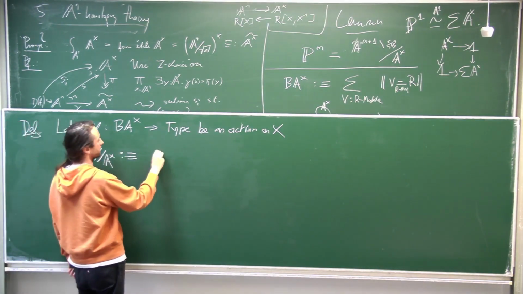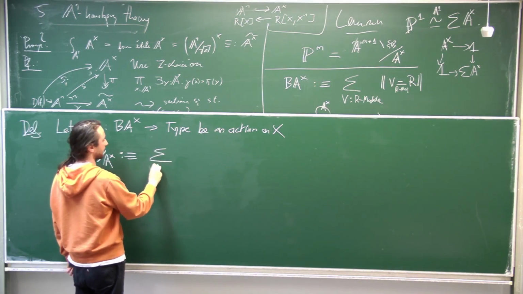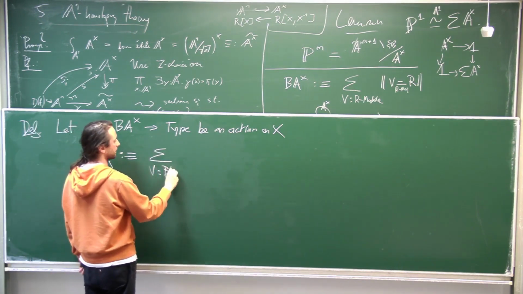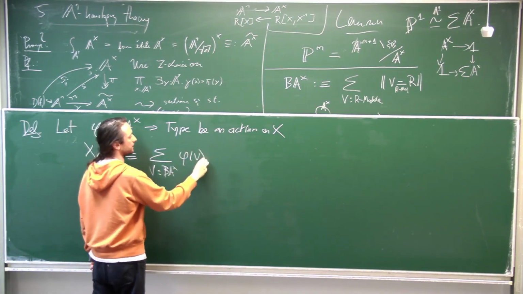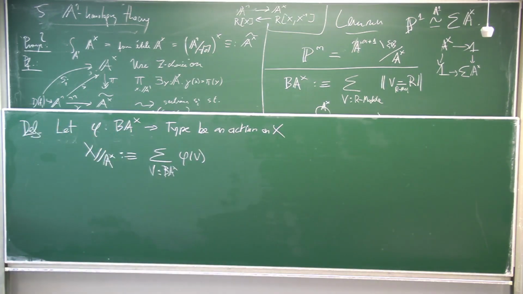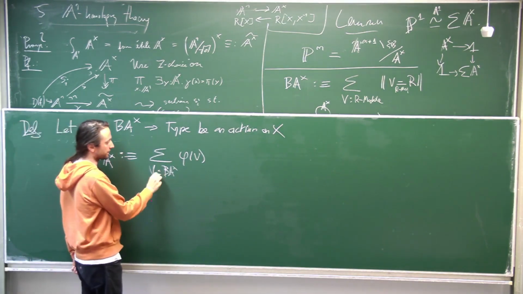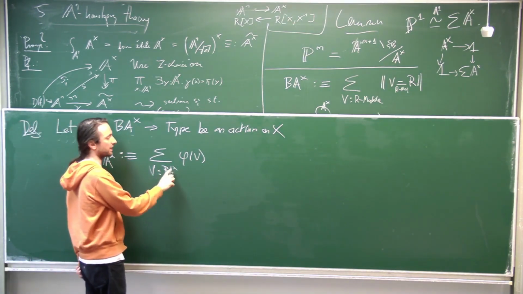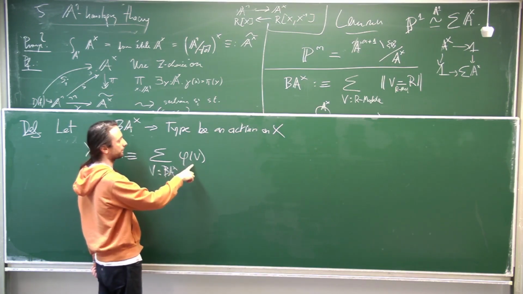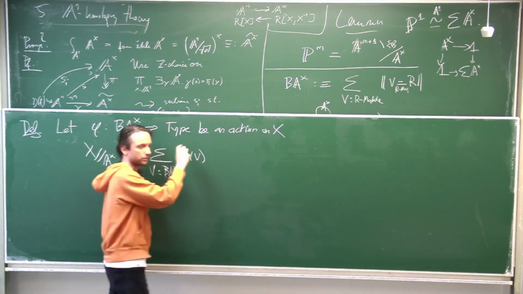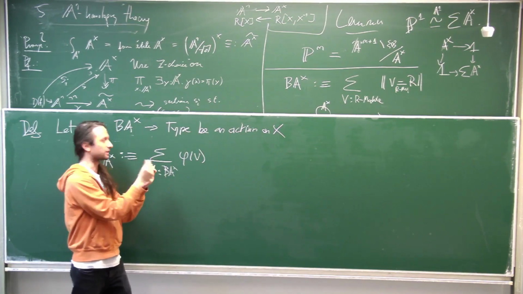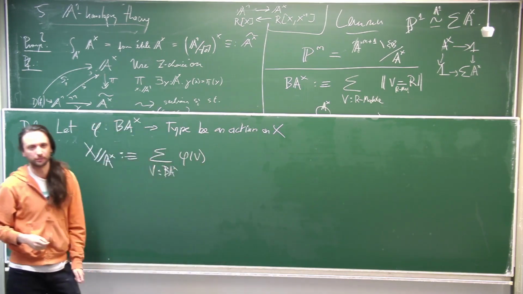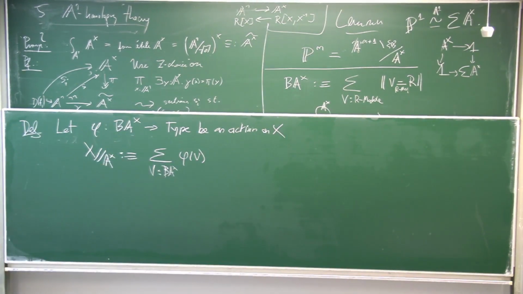You can define it as the sigma type over any V in BA^× of φ(V). What does this correspond to in taking the quotient? Using the base point of BA^×, for anything in φ of the base point, that is in X, you will have a point. But then for any path in BA^× you also have some path linking this point. And this actually gives you the quotient.